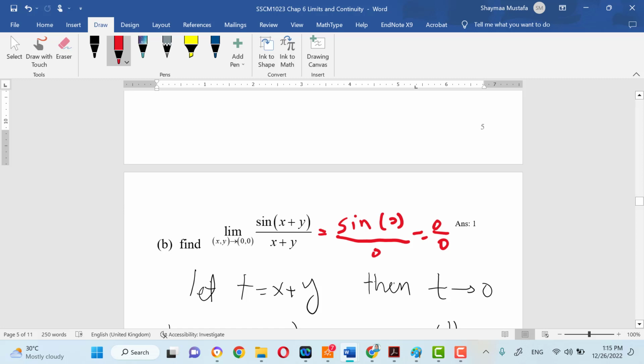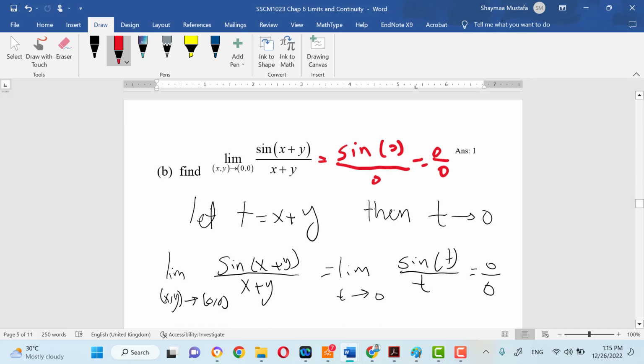So when x and y both go to 0, 0, this means that t itself also goes to 0. So here I will calculate the limit for this function. I will change to a new variable t. So when x, y goes to 0, 0, which means that t goes to 0, and sine of x plus y will be sine t, where x plus y is changed to t.